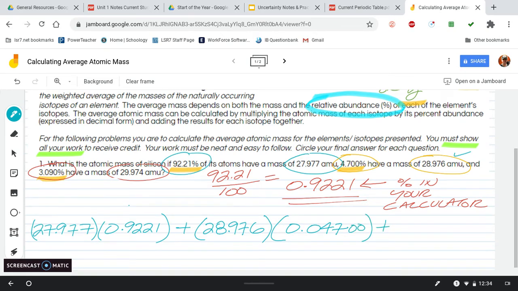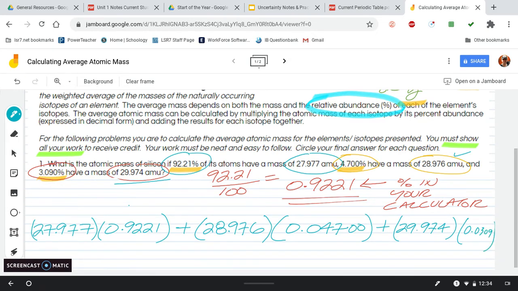And then we're going to add to the last part, which is going to be here, 29.974, kind of run out of space here, times, and I'm going to try and sneak this right here, times 0.0309.